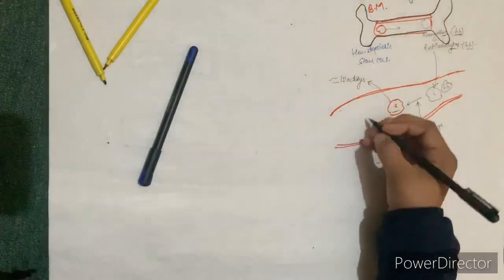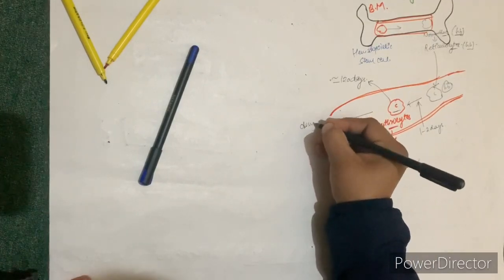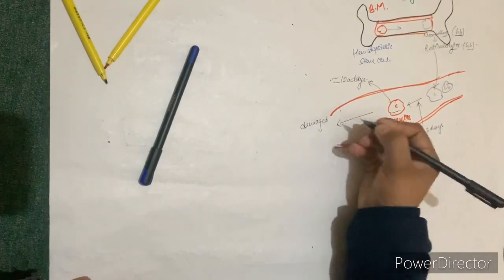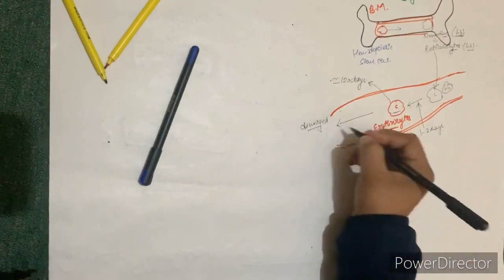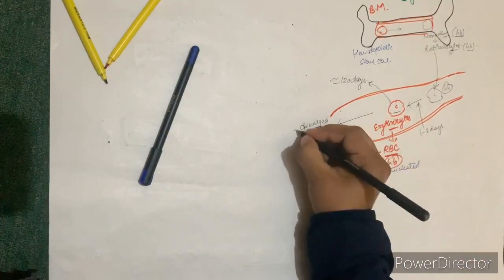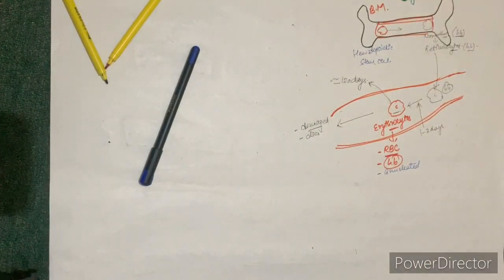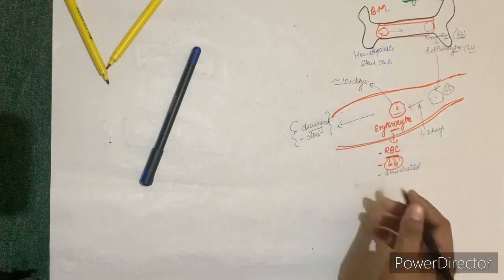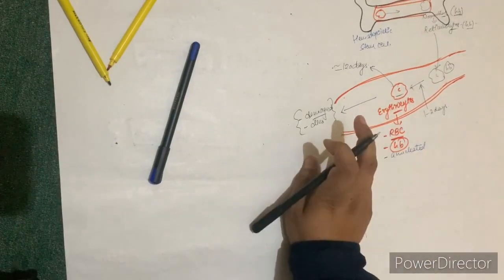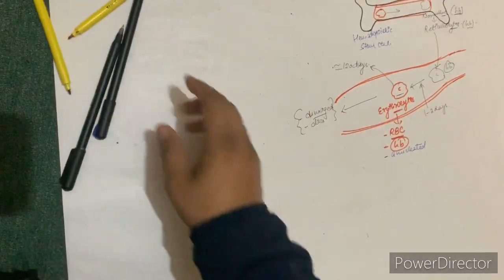If they are damaged by any disease condition, or if they die, meaning their life period is completed, then our immune system or our body has to remove these damaged and dead erythrocytes.